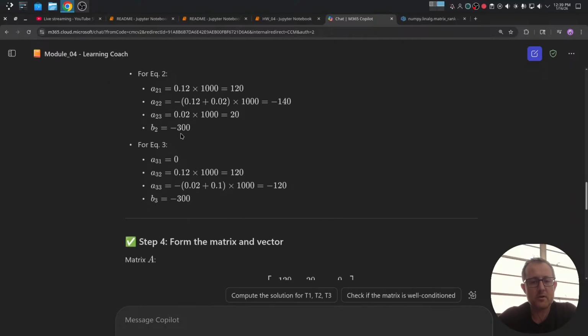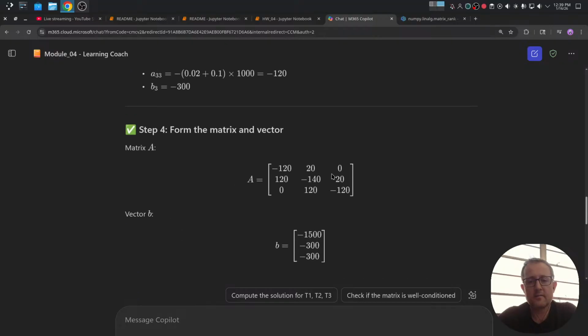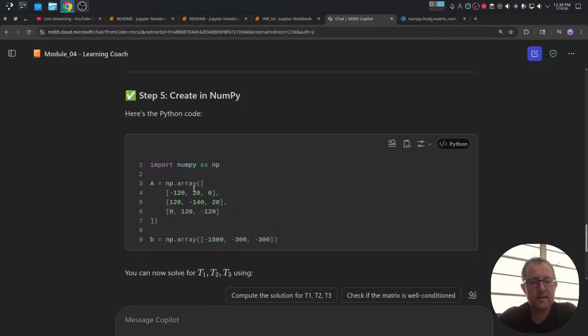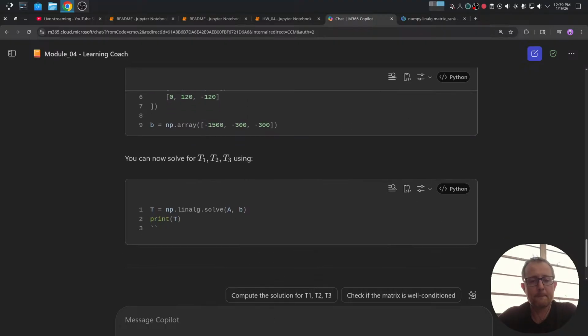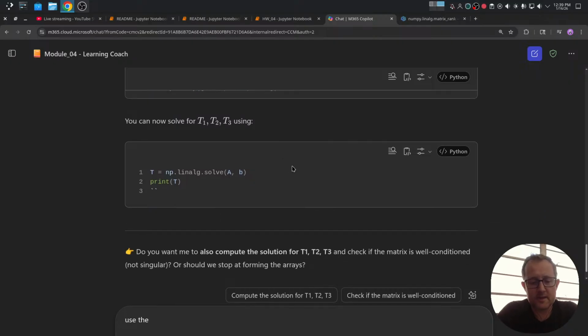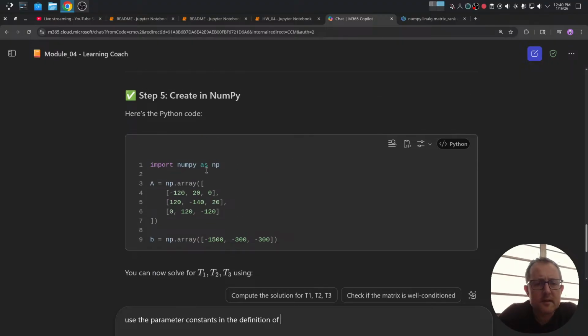Plugging in some numbers in here. I don't love that it plugged everything in like this. So I'm going to say use the parameter constants in the definition of, did it call it A?